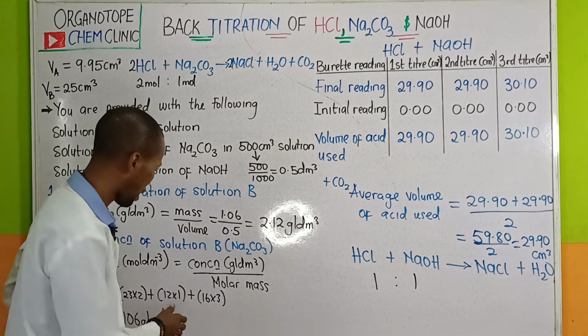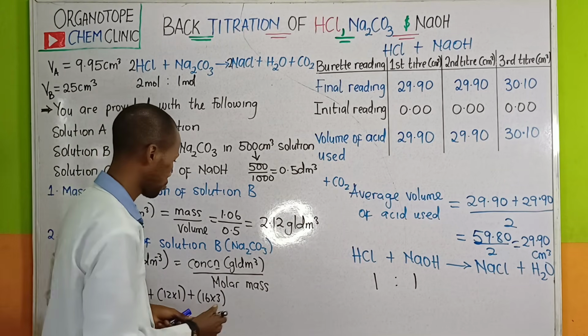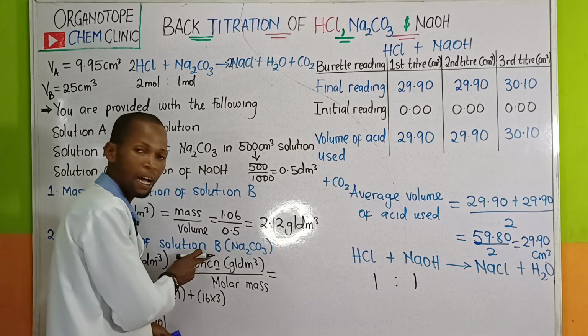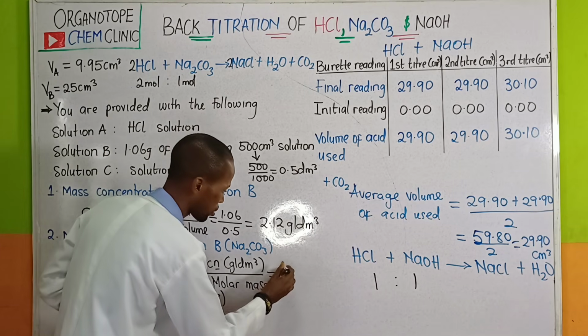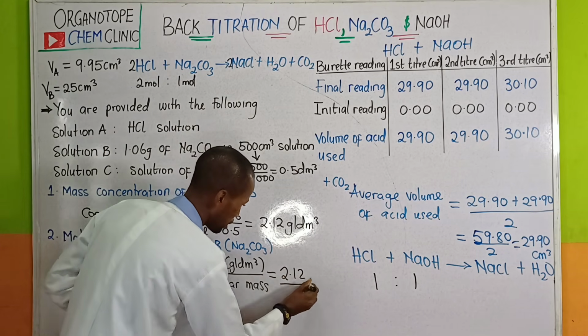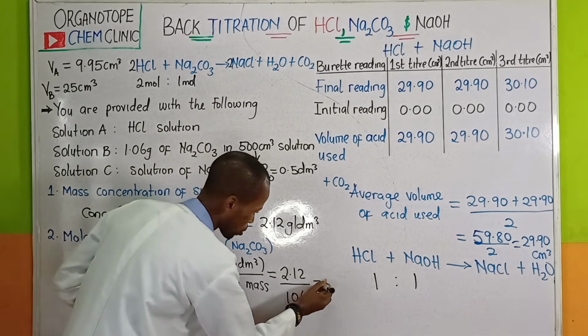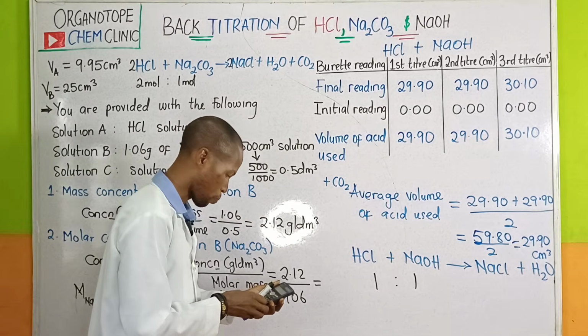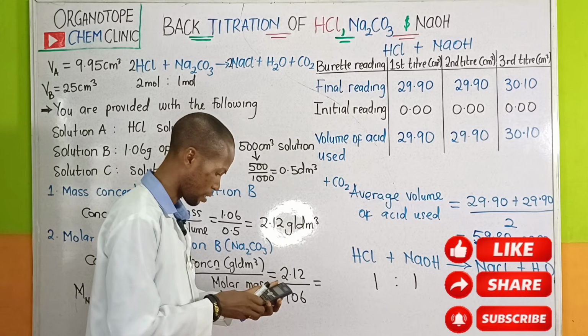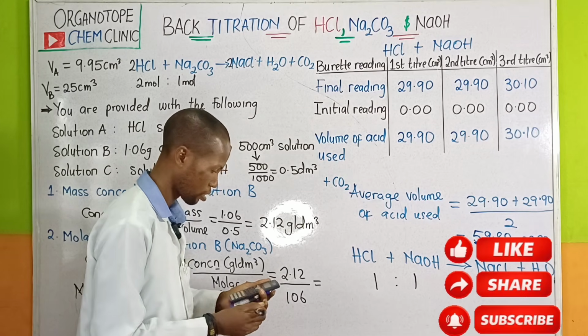So can we input that into our expression right here? We have mass concentration of sodium carbonate 2.12 divided by the molar mass 106. So this will result in what? 2.12 divided by 106.